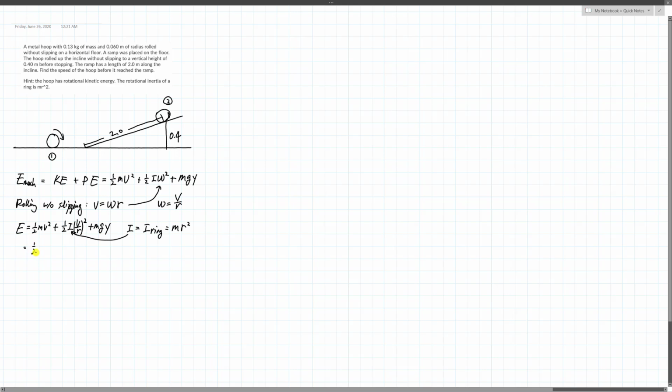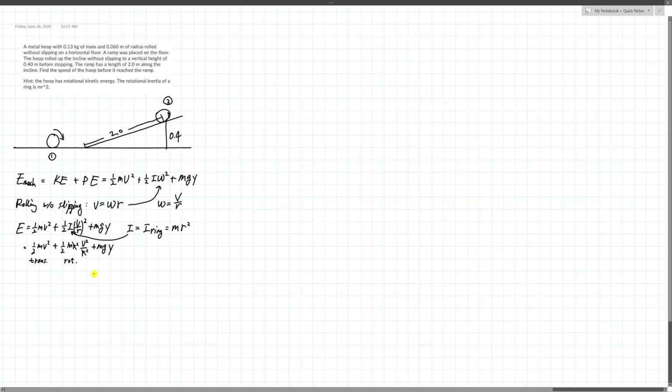So I have 1/2 mv squared plus 1/2 mr squared, and then the square of this is v squared over r squared. And we can divide this out, and this is another 1/2 mv squared. Interesting. Well, if you have a ring or a hoop, you have just as much translational kinetic energy as rotational. So this is translational. This is rotational.